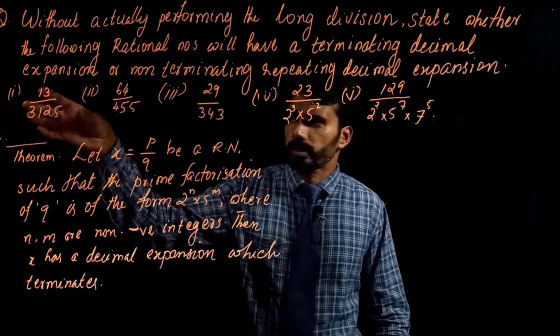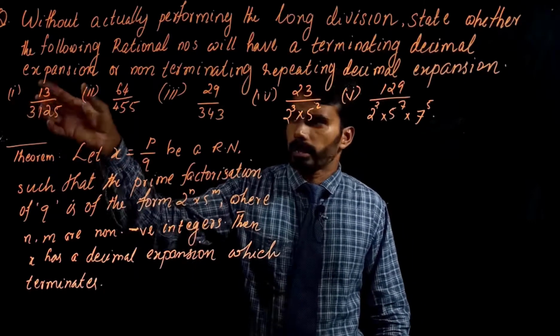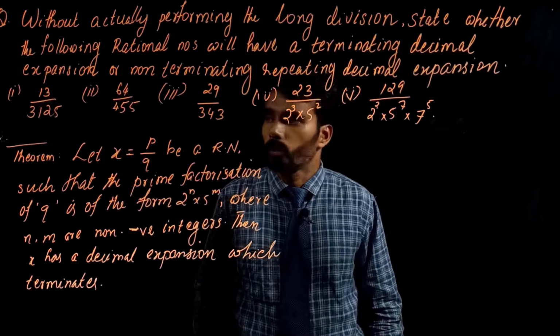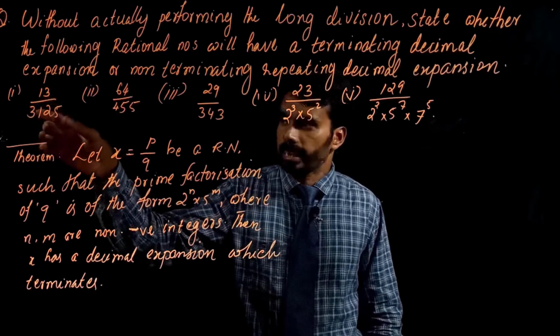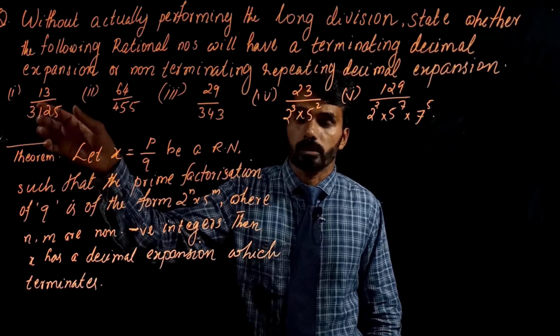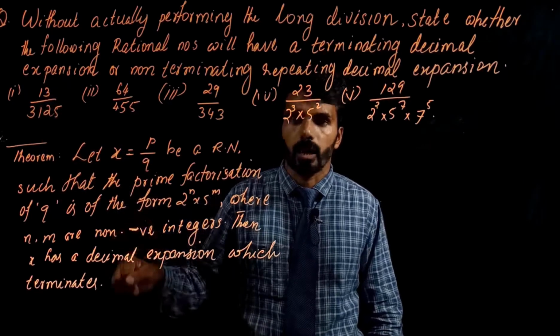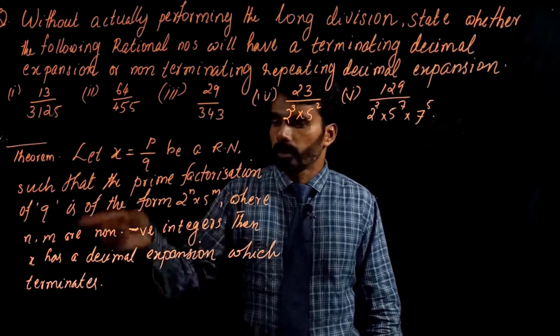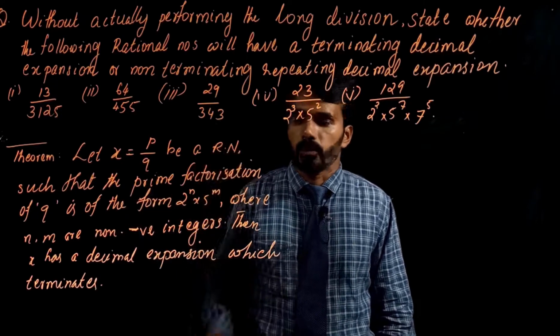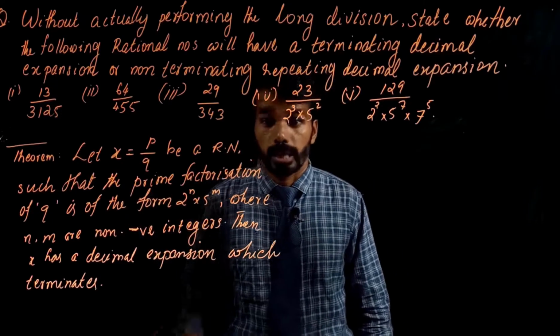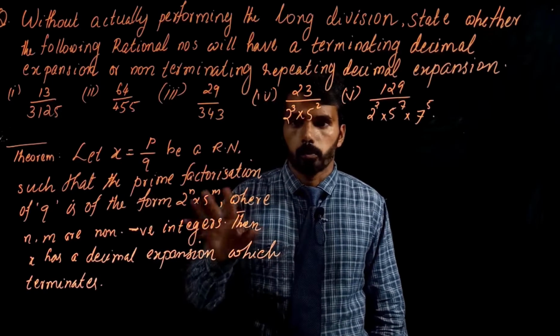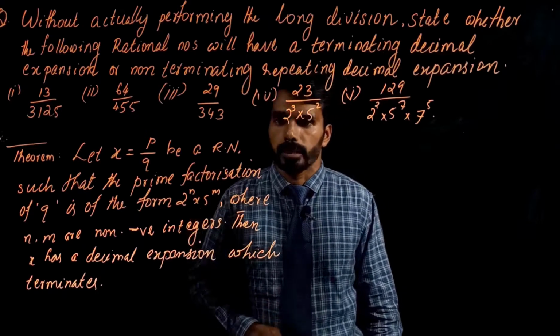If you take the first example, 13 divided by 3125, then 3125 can be written of the form 2 raised to n into 5 raised to m, where n and m are non-negative integers.